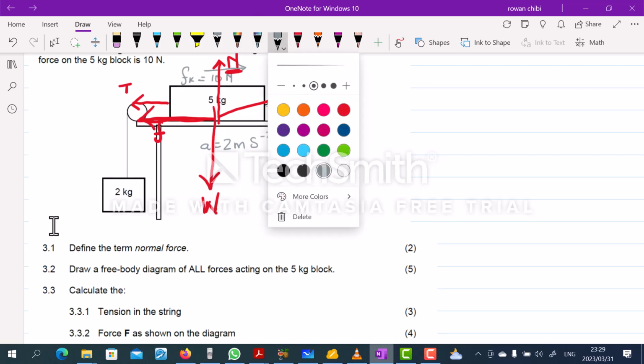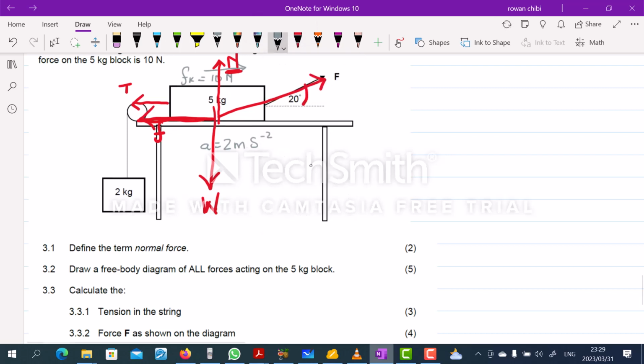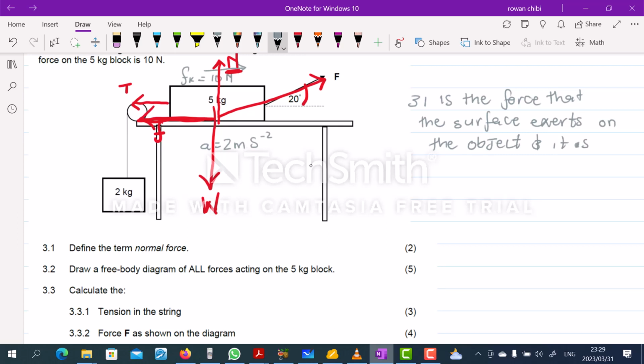You can easily say, 3.1, the normal force is the force that the table or the surface exerts on the object in contact with it, and it is always perpendicular to the surface.